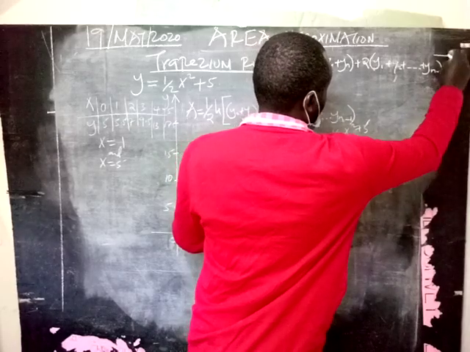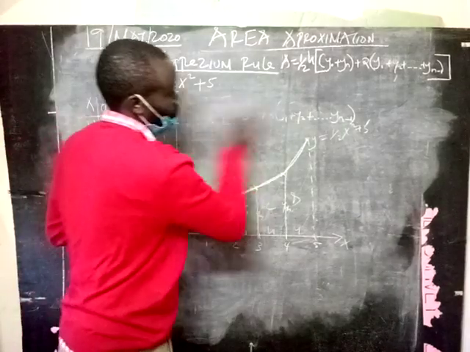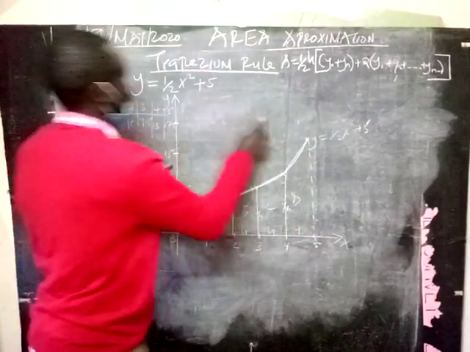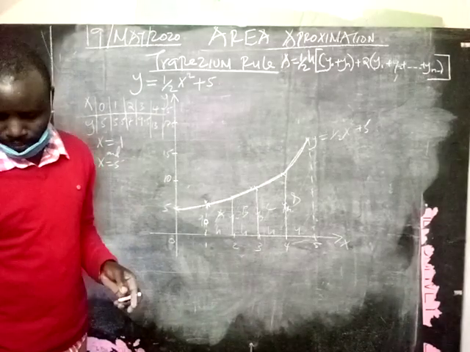Then you close the bracket and you also close the bigger bracket. So that is the formula being used in the trapezium rule.